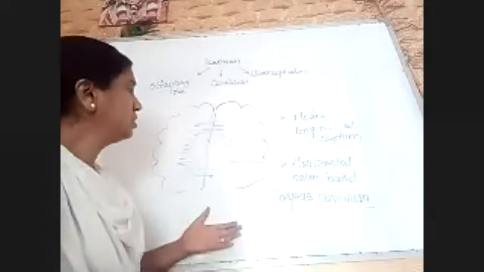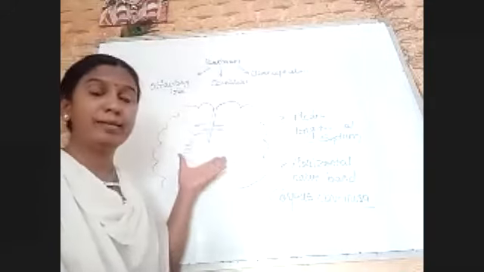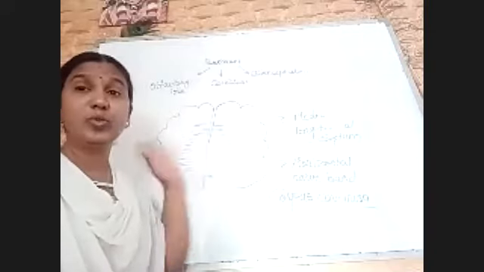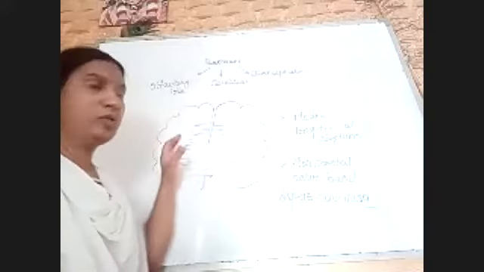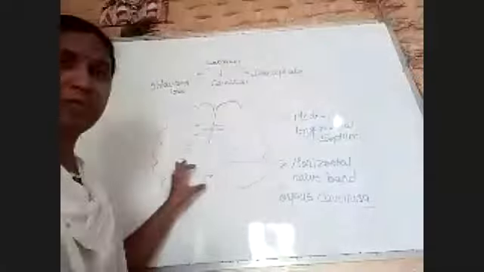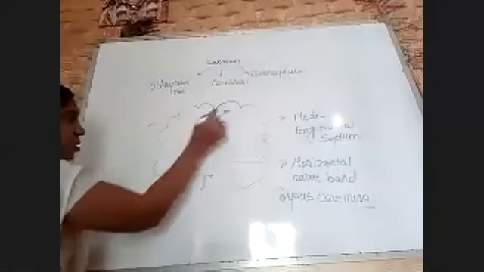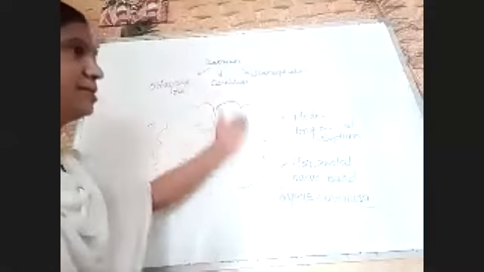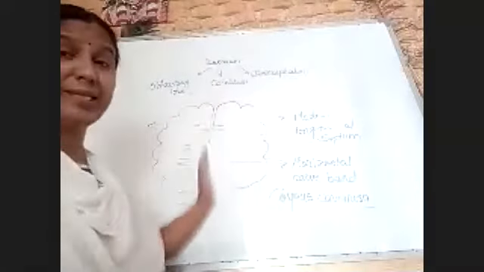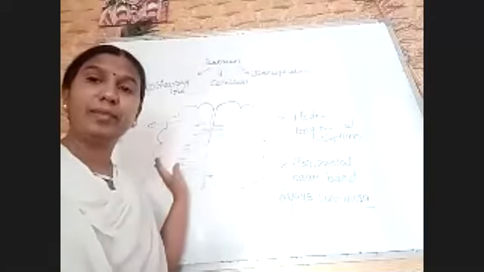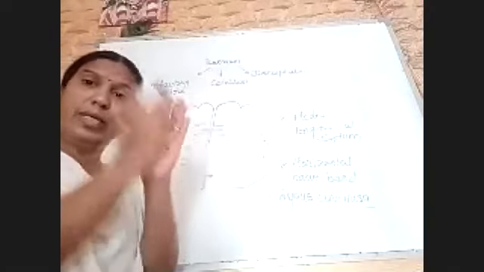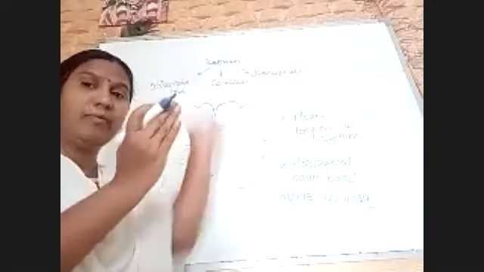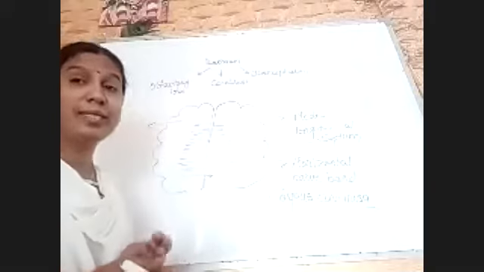So this is the nerve band which will connect the two cerebral hemispheres. So this is also a cerebral hemisphere. As the cerebrum is divided into two equal halves, each will become a half. So that's why it is called a hemisphere.